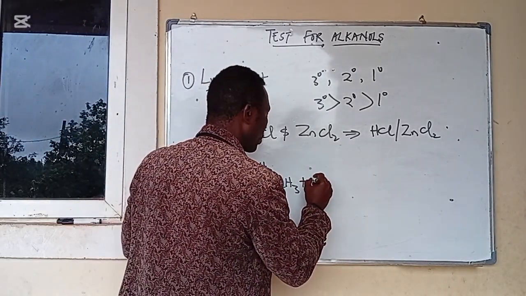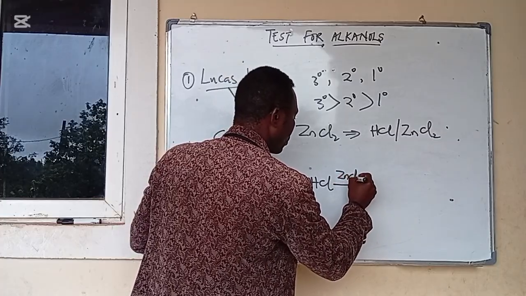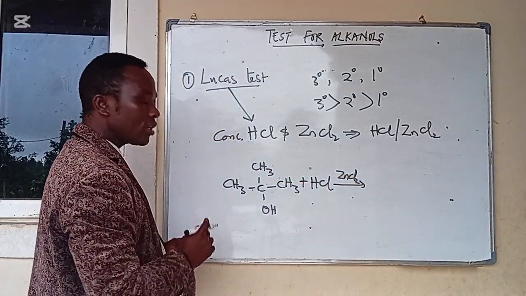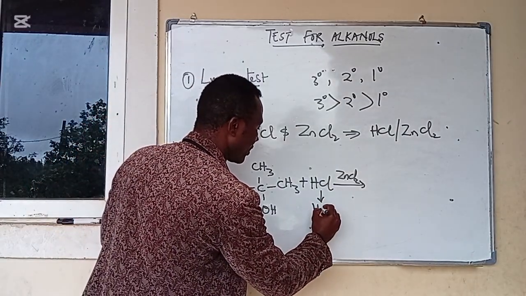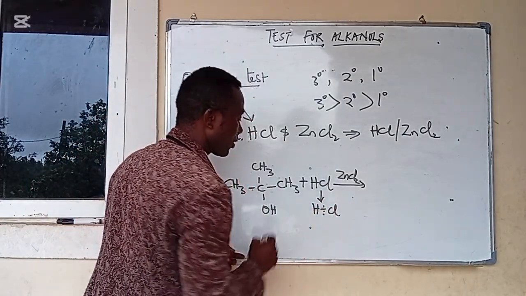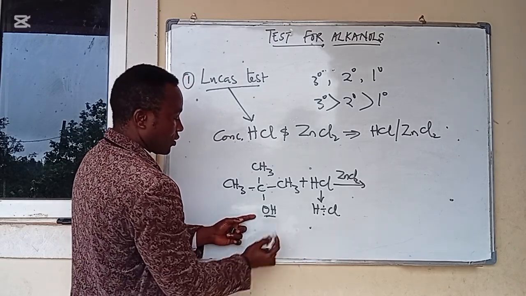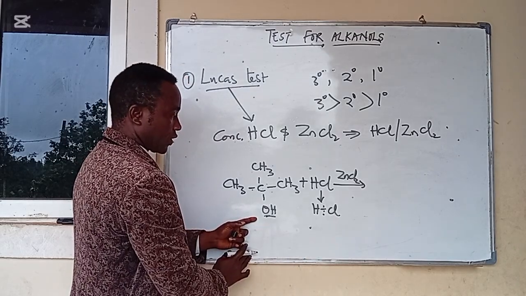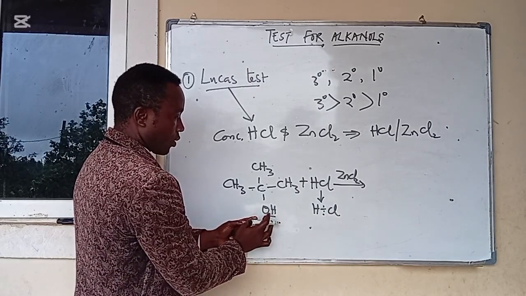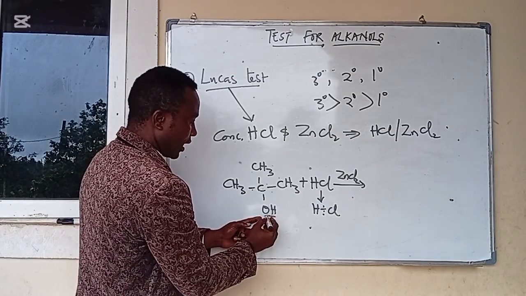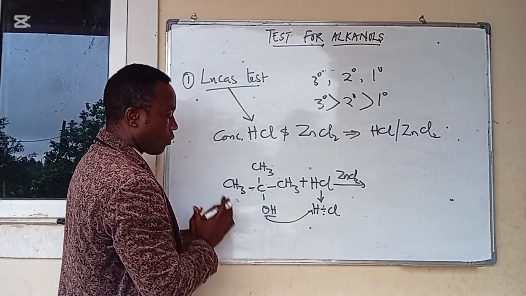When this reacts with the Lucas reagent, HCl and zinc(II) chloride, it is a substitution reaction where the chlorine replaces the hydroxyl group, while the OH that is going off picks up hydrogen to form water.